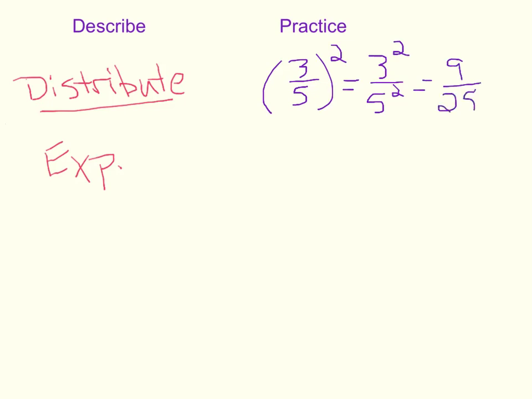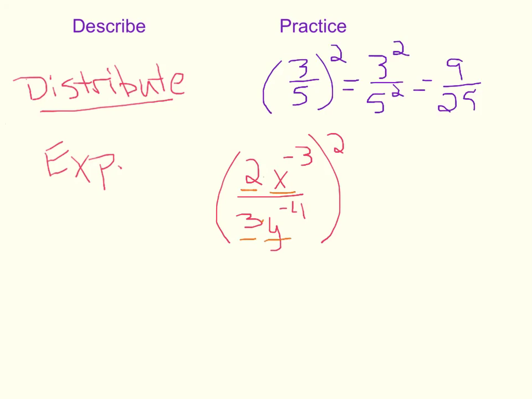Now let's do a more complicated one. 2 x to the negative 3 over 3 y to the negative 4, and the exponent is 2. So inside parentheses you technically have 4 things because it's 2 times x to the negative 3, and 3 times y to the negative 4.